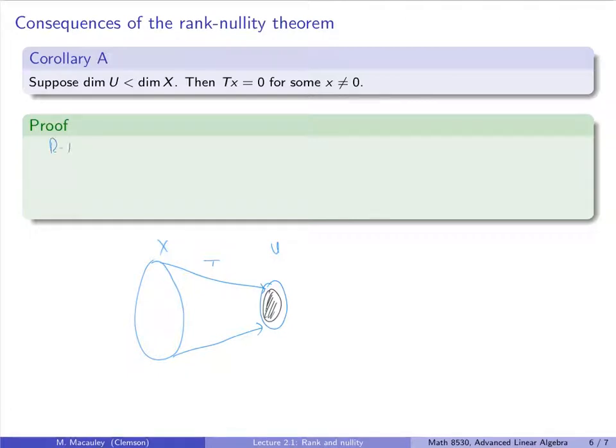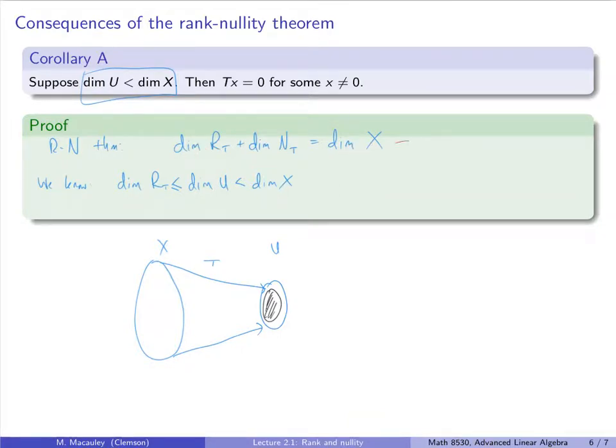So the rank nullity theorem says that the dimension of the range of T plus the dimension of the null space is equal to the dimension of X. And so this condition right here says we know that the dimension of the range is less than or equal to the dimension of U, and that's strictly less than the dimension of X. So what we have here is this thing here is strictly less than that.